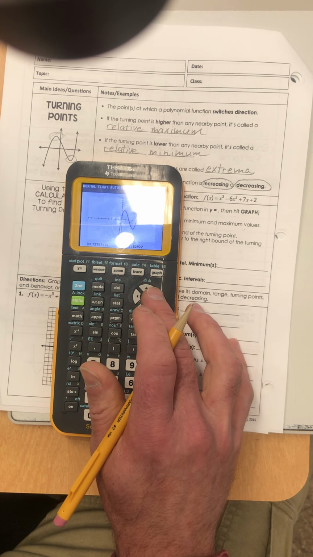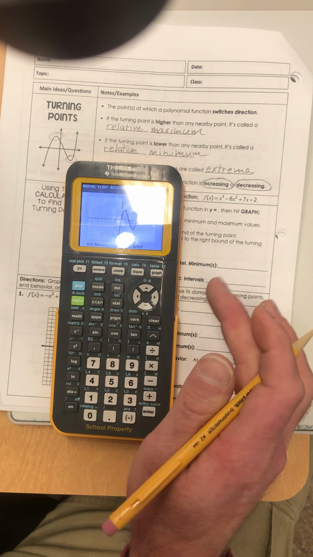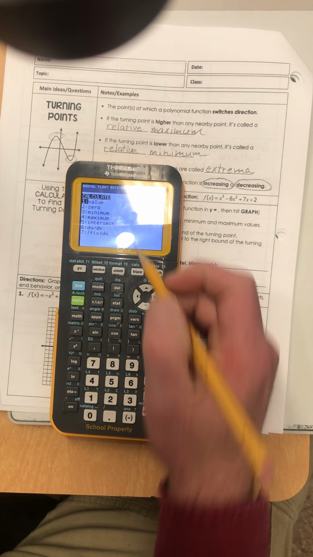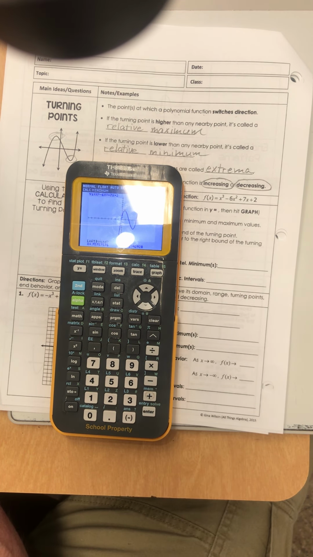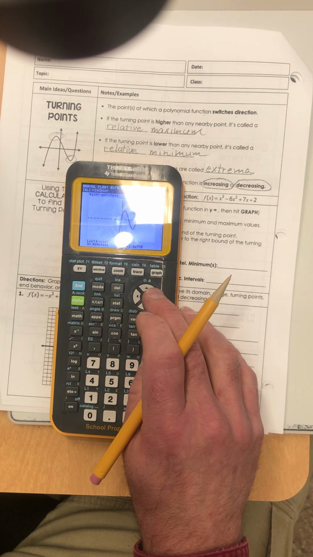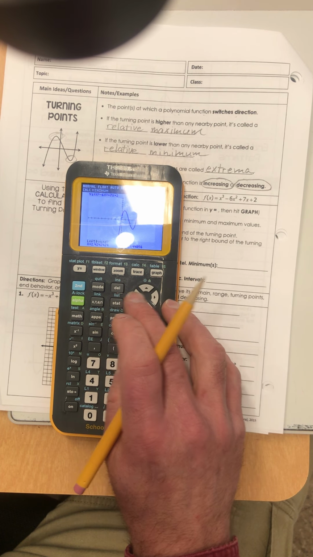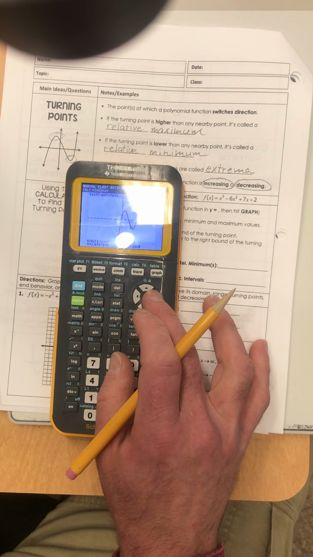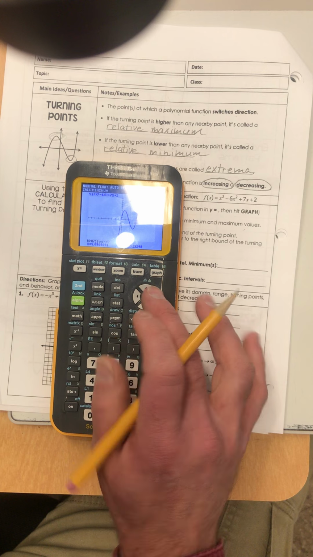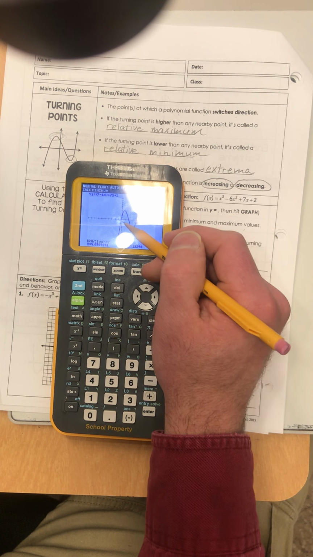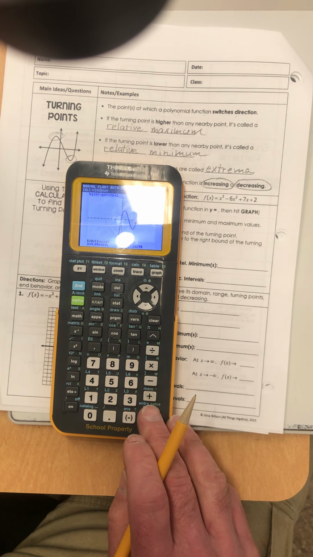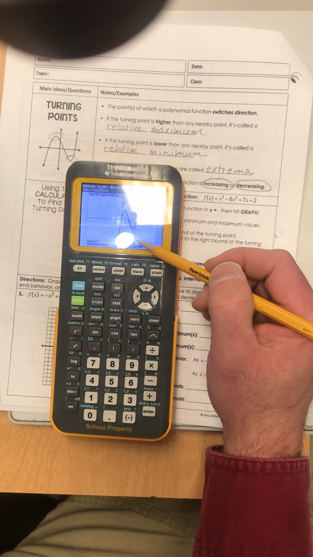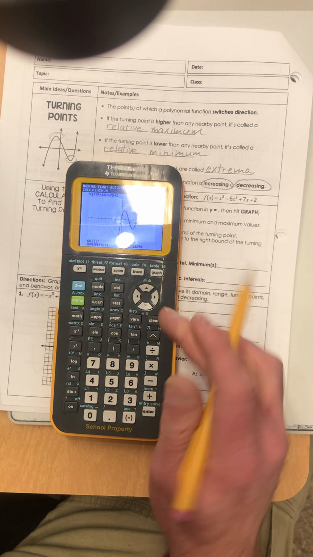Now, let's go back and do the relative min. So, second, calculate. I want to calculate the minimum this time, so I'm going to go for number 3. I want the left bound first, and I'm going to arrow over and pick a spot on the right side of that minimum. I'm going to hit enter again. So I've got my two lines showing where I'm finding the minimum over.